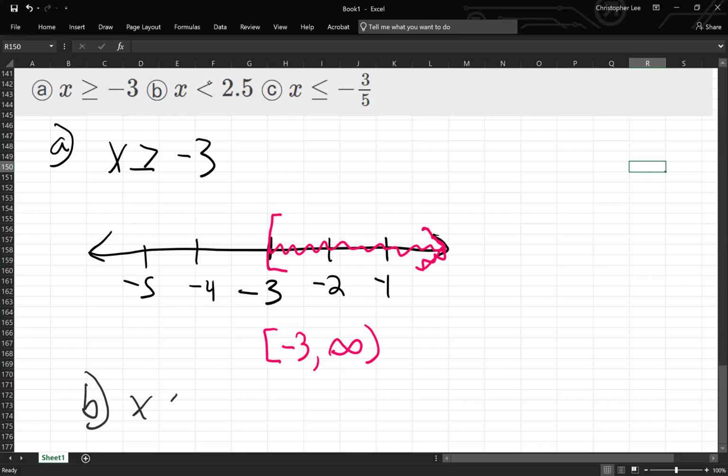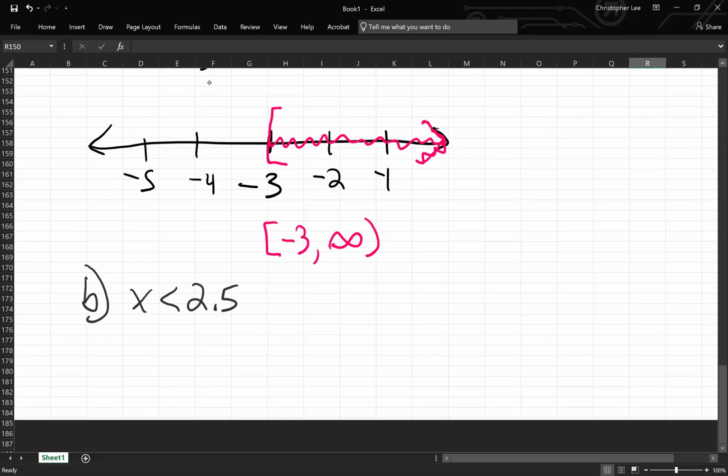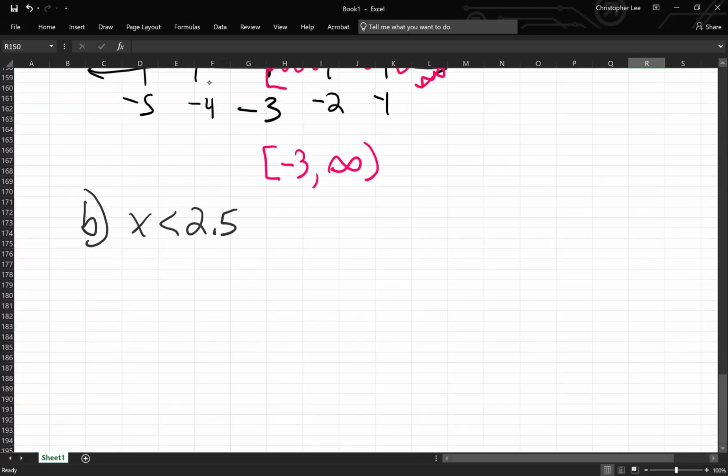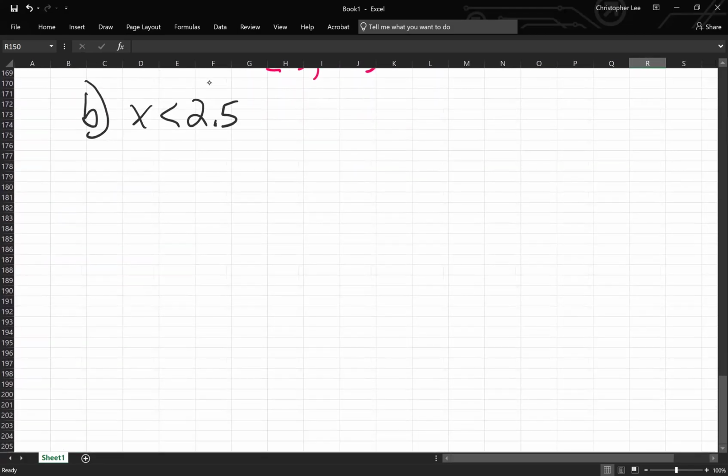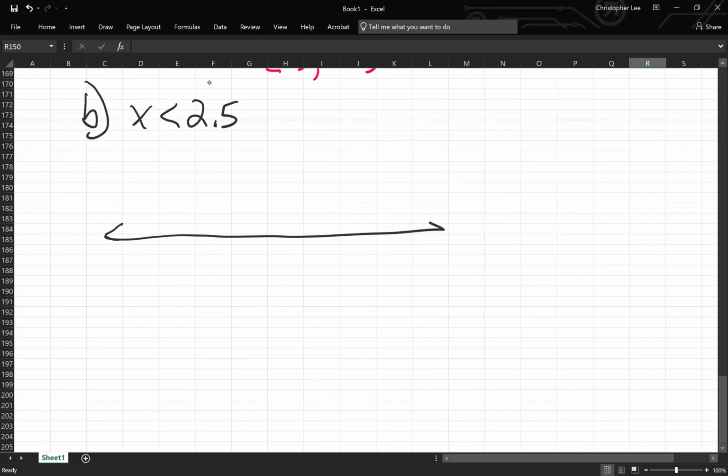So I have X is less than 2.5. Again, I'm a little bit lazy with the way that I draw my number line. I just like to put my A term in the middle, so 2.5. But I want to indicate that to the right is bigger numbers than to the left.